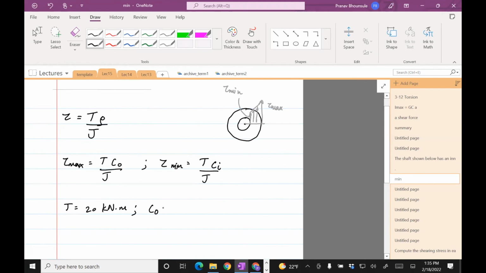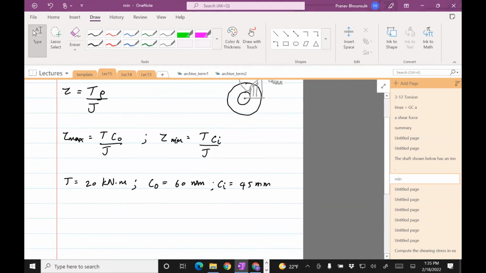C outer is 120, it's 120 mm diameter, so it's 60 mm. C inner is half of 90, 45 mm.